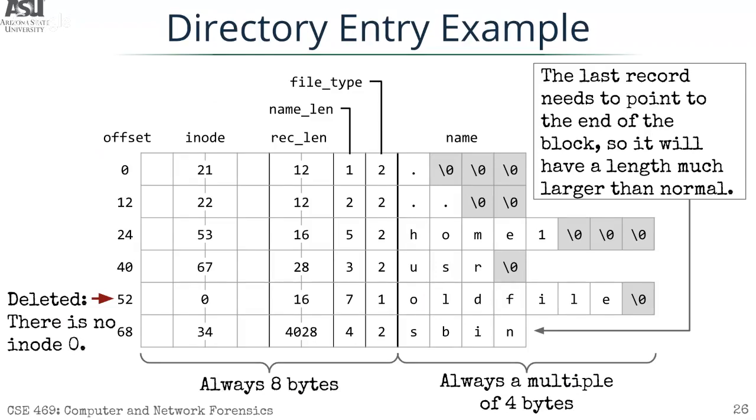Why is sbin not padded with nulls? Because it stops at a multiple of 4. But how would I know that it stops at a multiple, or do I have to check something else? Right there. The record, the name length is what tells you how many characters to read in. The filling with null is really just, I don't know why.